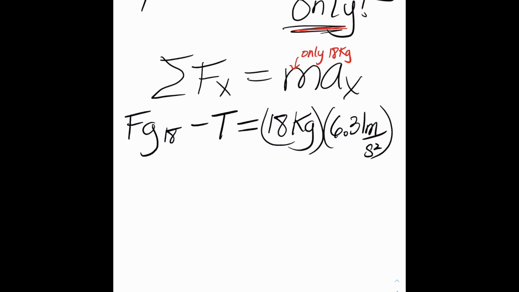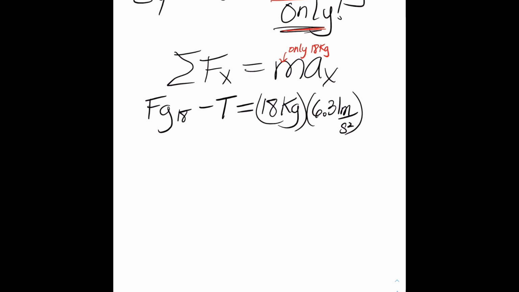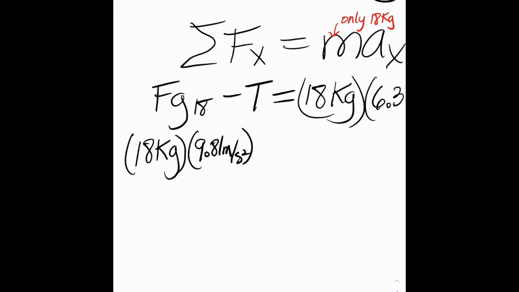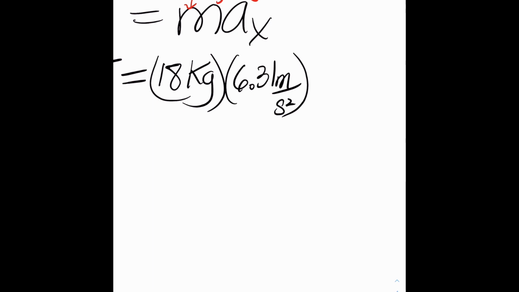All right, so this one looks like it's going to be a little bit more work. FG18 is going to be mass 18, 18 kilograms, times baby g. It's the weight of the 18 block only. Notice that this one's 9.81 for acceleration. This one's 6.31.